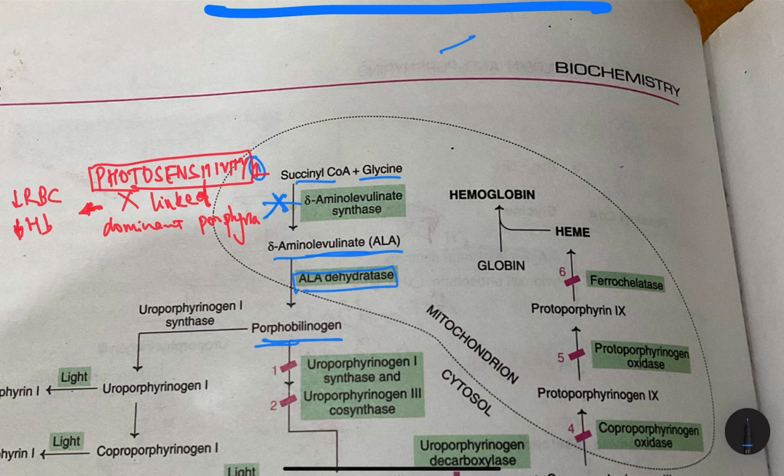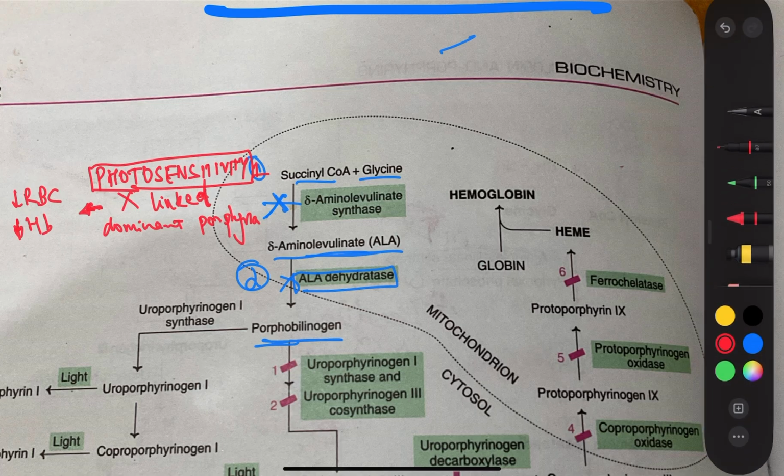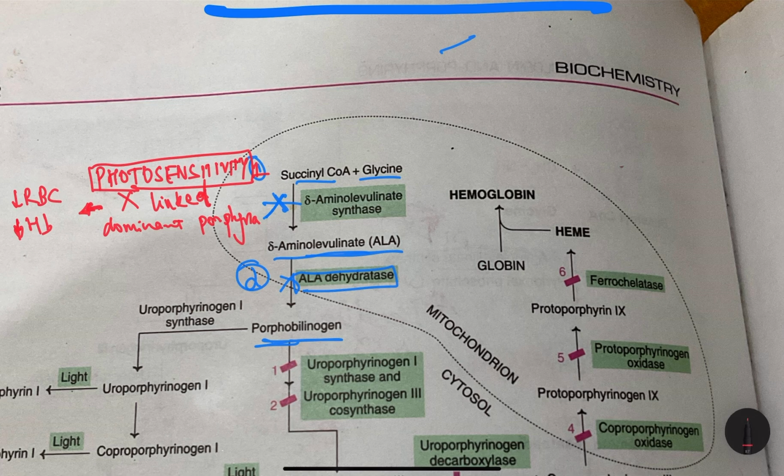Now, this is your second step. So, if ALA dehydratase is gone, right, the porphyria that we now have to consider is going to be ALA dehydratase deficiency porphyria. As simple as that. It goes by the name ALA dehydratase deficiency porphyria.